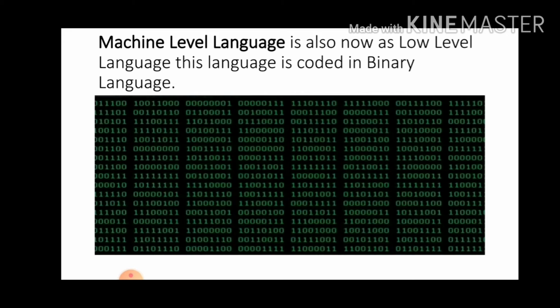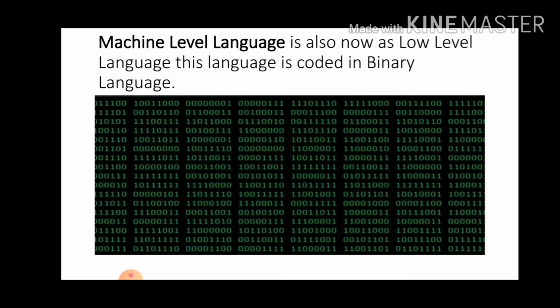Please don't get confused, children. Machine language is also known as low level language, but it uses binary code, that is zeros and ones. It is very difficult to write and debug programs in it, so it is a very low level language.